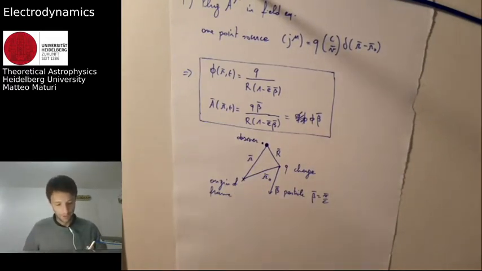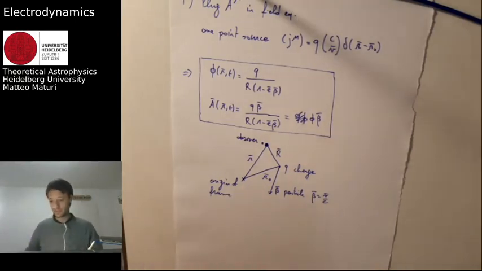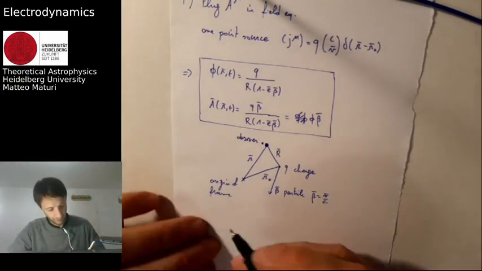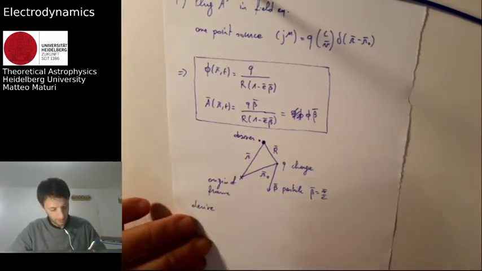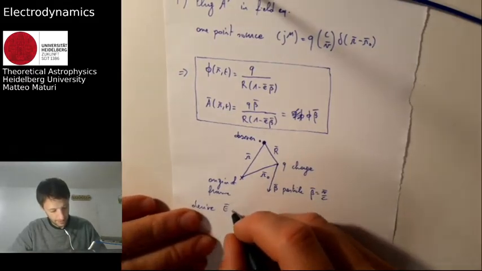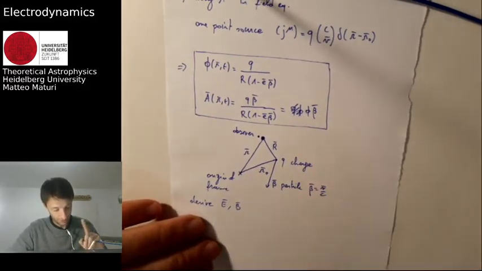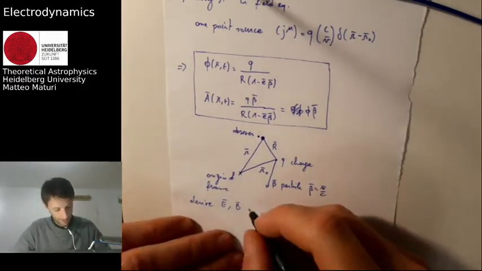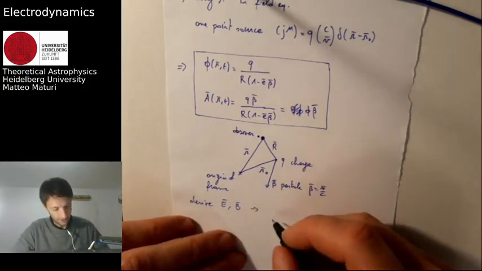Okay, now keep in mind that when we derive the electric and the magnetic fields, they depend on derivatives of the vector potential.